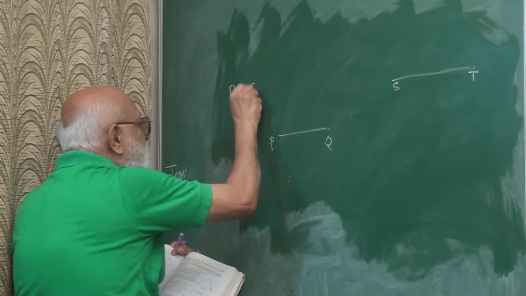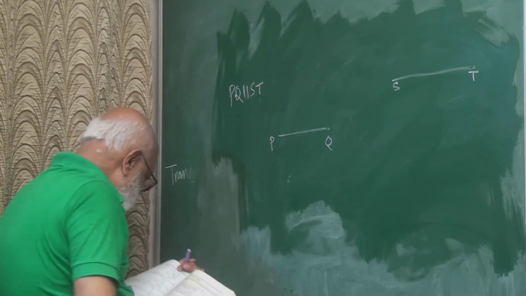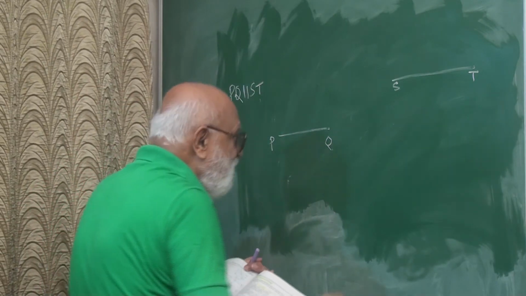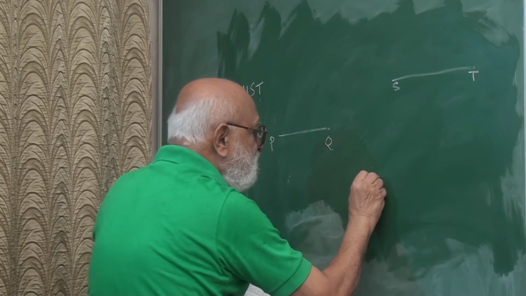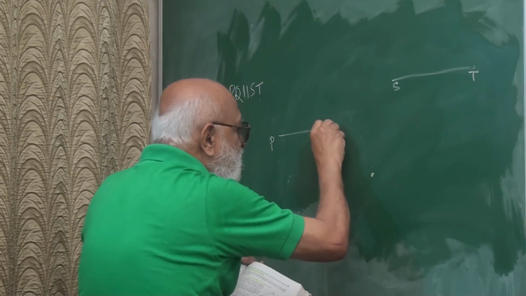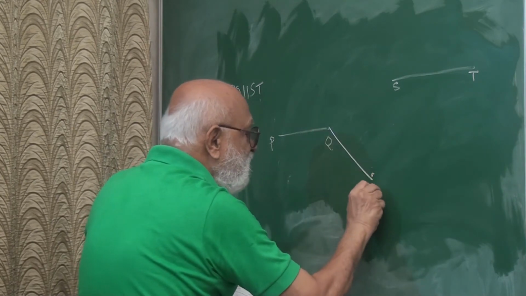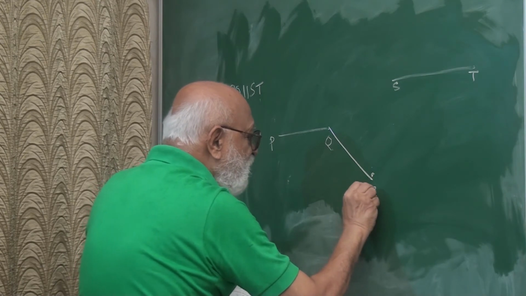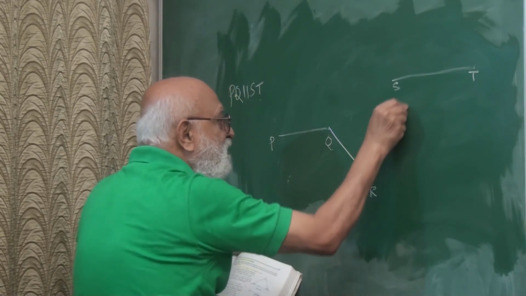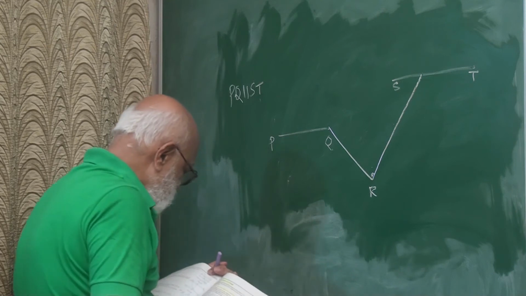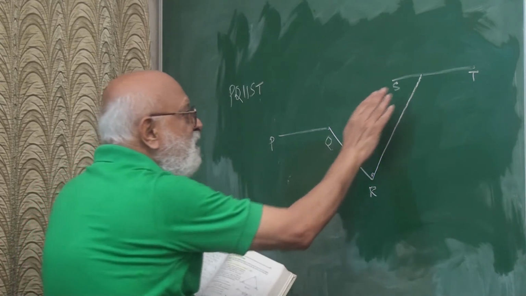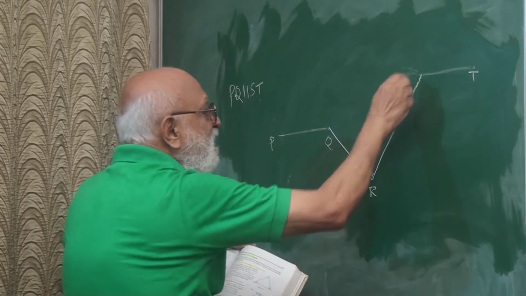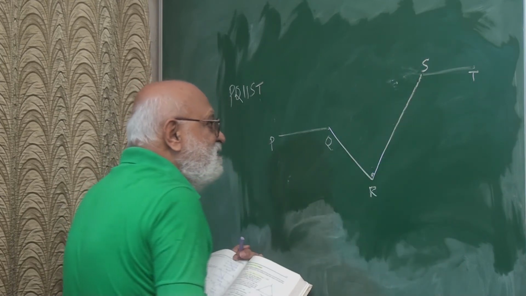PQ is parallel to ST. Then you have a point R here. You join this point R and then further extend it all the way up here. Let me call this point here S.